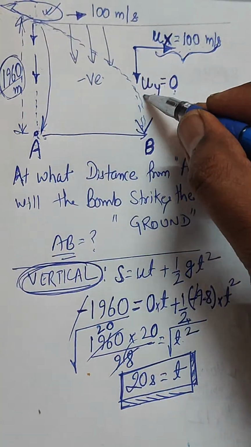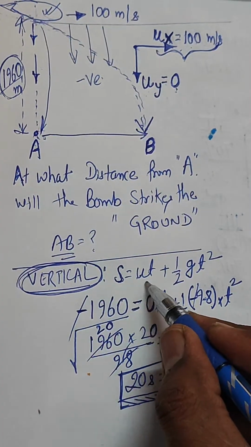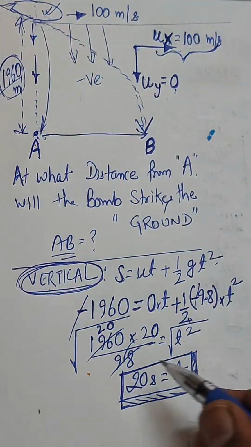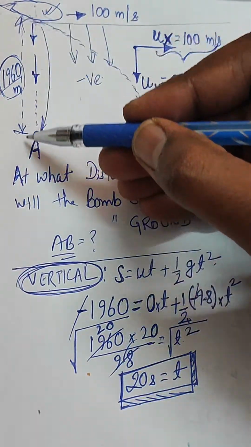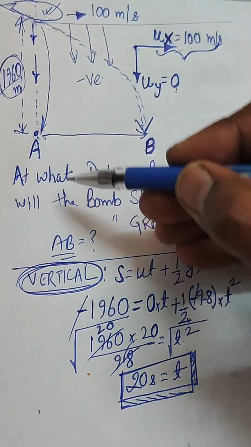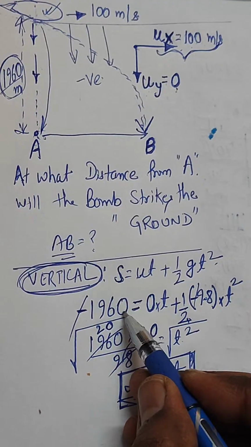Now the vertical component is 0. We applied for the vertical direction s equal to ut plus half gt square. All direction below this is negative, so s will become minus 1960, because s is this altitude. This is the total displacement happening, right? So minus 1960 will be there.